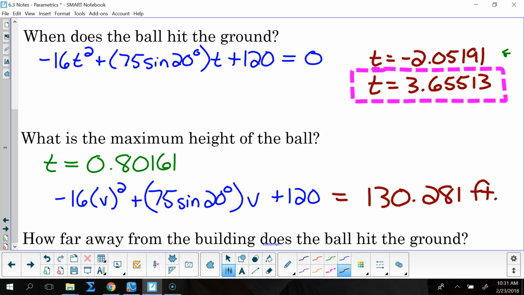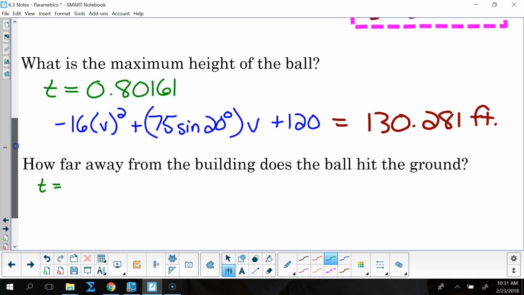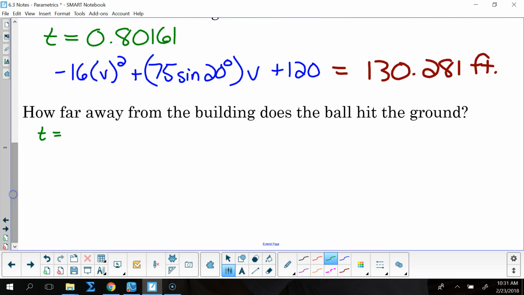How far away from the building does the ball hit the ground? Well, I know that it hits the ground at a t value of, what did we say, 3.655 seconds. So where is that?